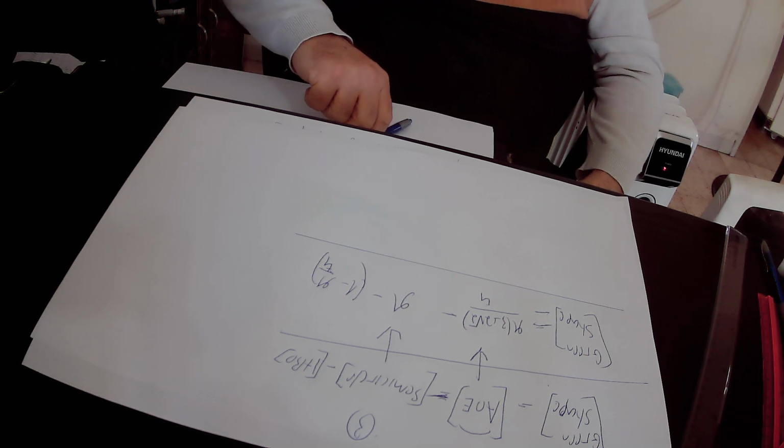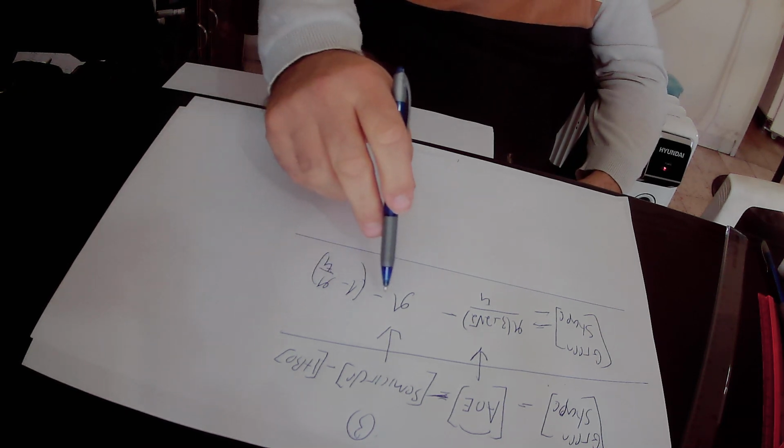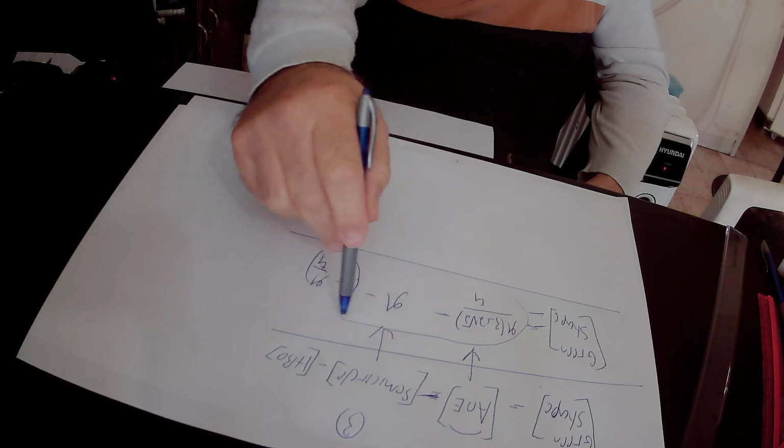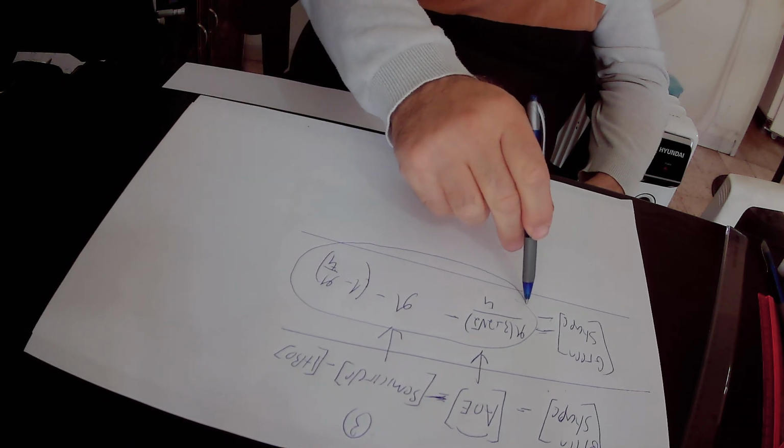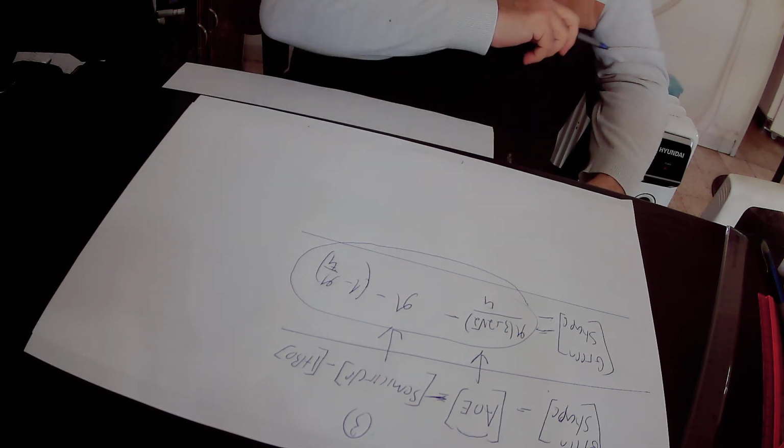So the value of this expression in total is equal to the area of the green shape.